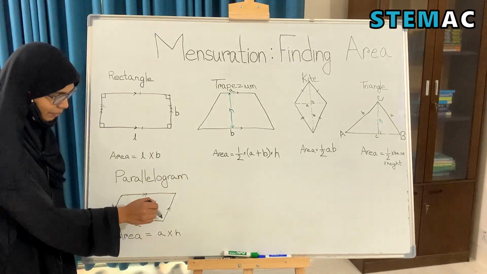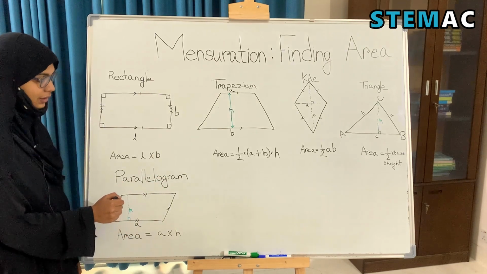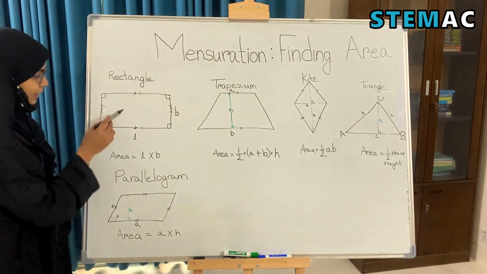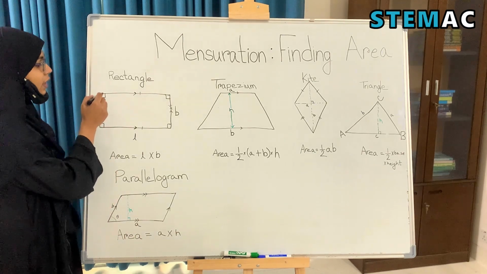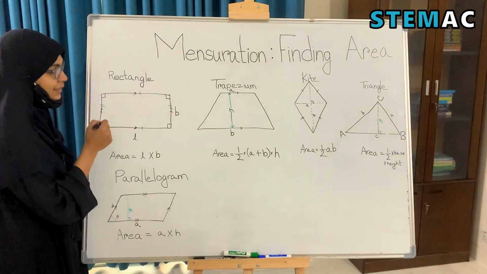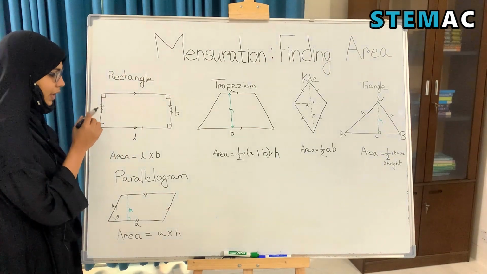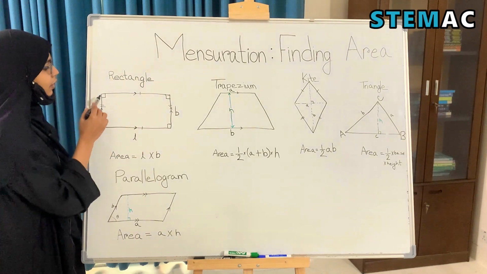These two sides are parallel and equal in length, these two sides are parallel and equal in length. The thing that makes rectangle and parallelogram different is that in a rectangle the angles of the four vertices are 90 degrees.